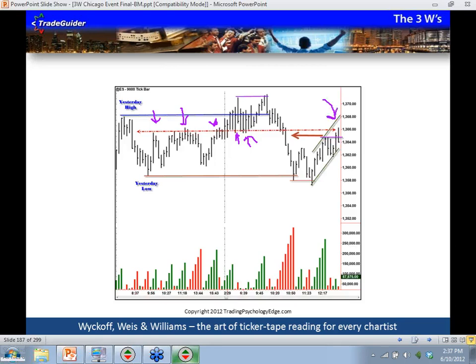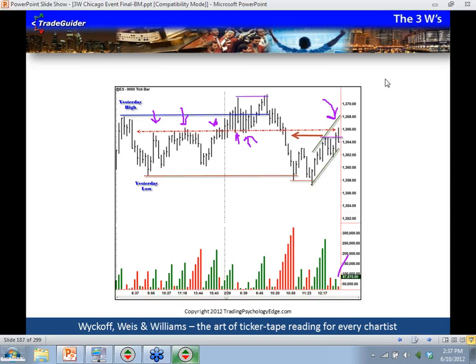And here we see that market come back into that area with shortening of the thrust, minimal wave volume to the upside, a minor upthrust in a supply area. It's a good spot to go short, okay? Notice what I'm doing here too.